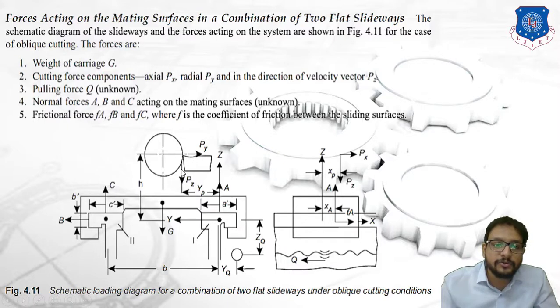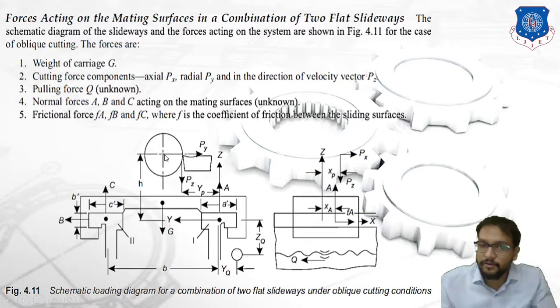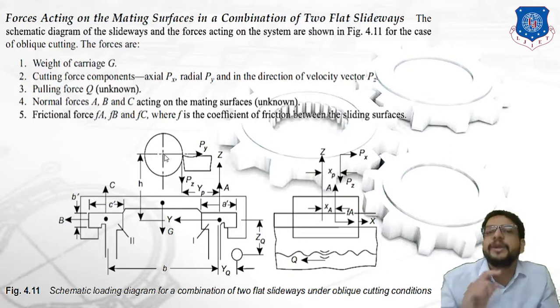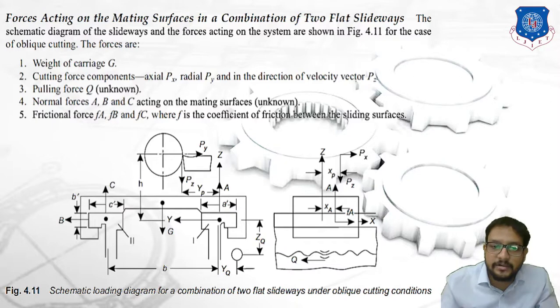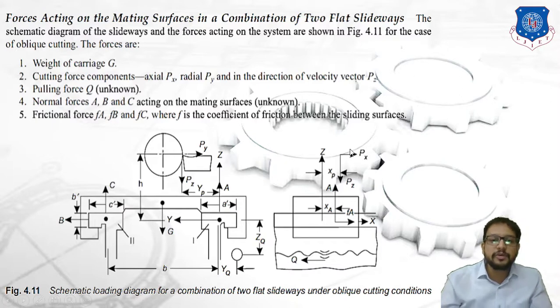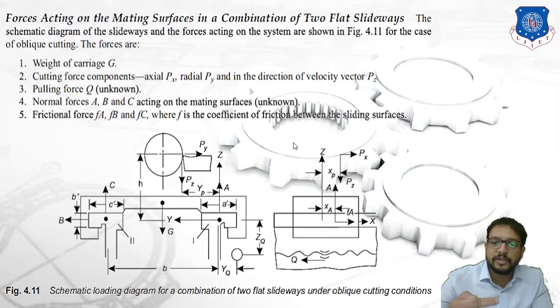So you can see this force Py in a radial direction, that is perpendicular to the axis of the workpiece, and one is a force along the axis of the workpiece, that is in the direction of feed. You can clearly see this is our cutting tool. If you visualize, this cutting tool is going to move in this direction, right? So this is our feed direction, that is along the axis of the machine tool.